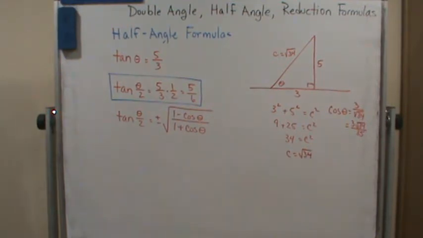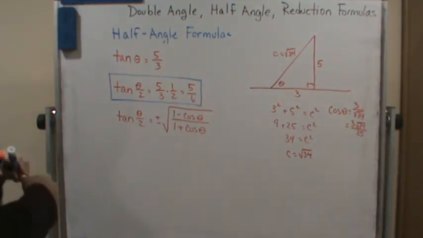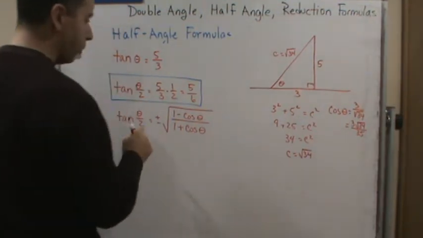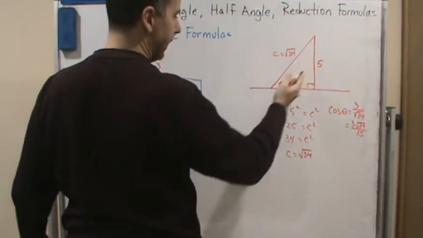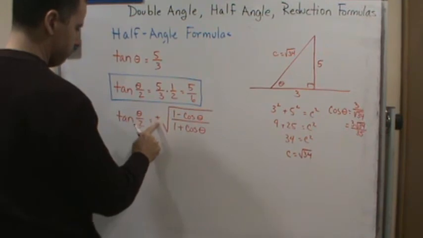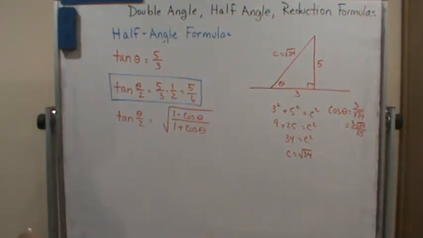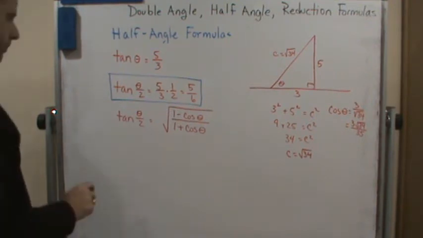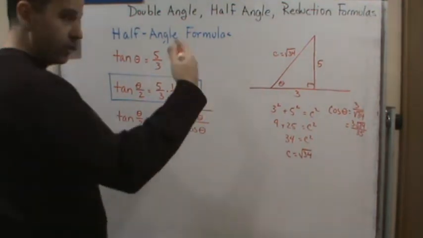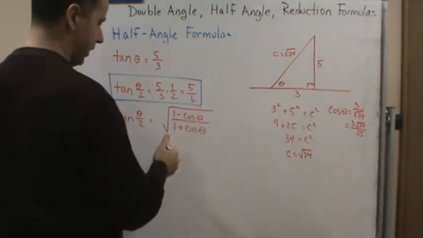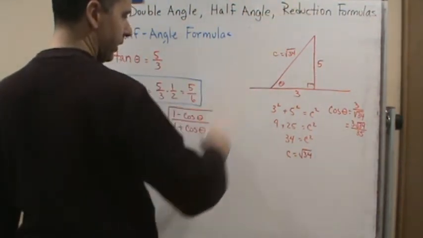Okay, so now we're going to plug that in. By the way, since we're dealing with this angle here, it's going to be positive. So we're going to deal with positive angle. Again, the situation calls for it. We could think of this as in the first quadrant.